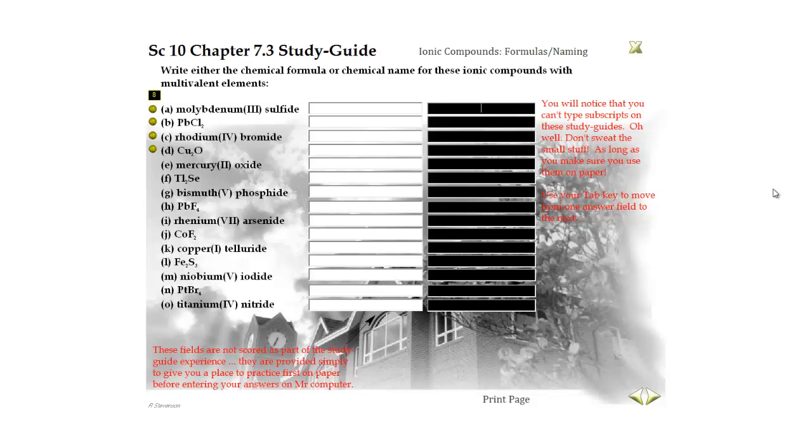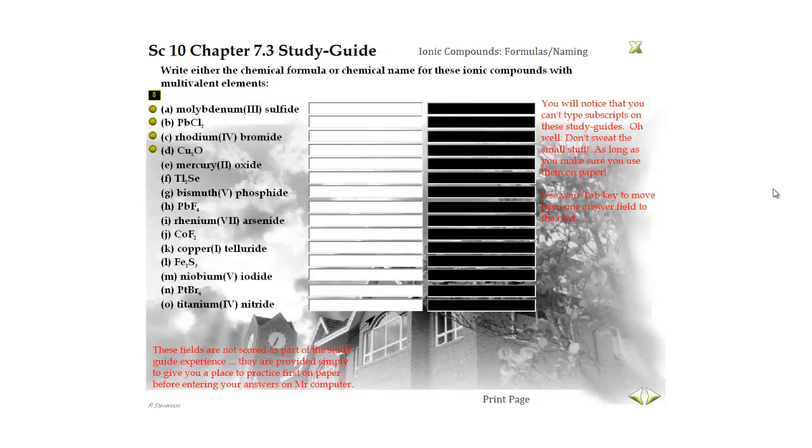Okay, hopefully we can speed up a little bit here, because if you really want to get this done, listening to me talk isn't the best way of doing it. You actually want to get in there and try some of these yourself. So, when we're looking at number 8, we're looking at chemical names and formulas now with potentially multivalent elements.